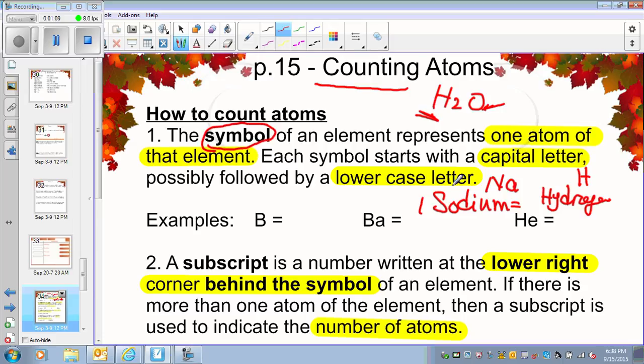Usually that symbol is one capital letter, like carbon, or one capital and one small letter. This is the symbol of carbon. This is the symbol of calcium. It could be one capital and another small letter, or just one capital letter. Either way, it's fine.